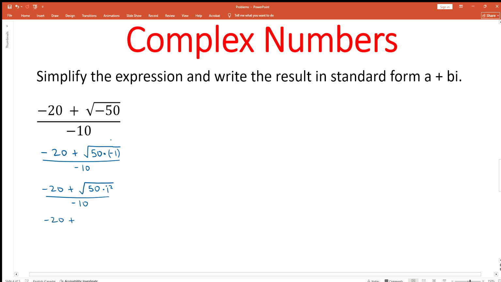Next, we can simplify the term square root of 50 times i squared by applying the square root separately to both 50 and i squared. So we get square root of 50 times square root of i squared.